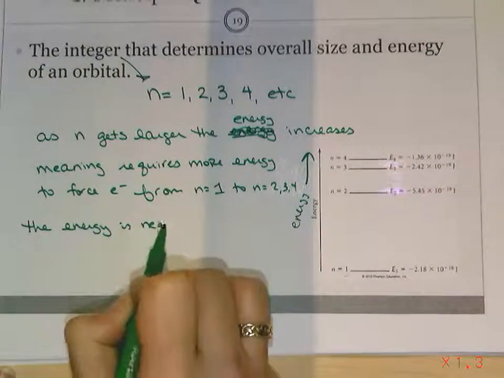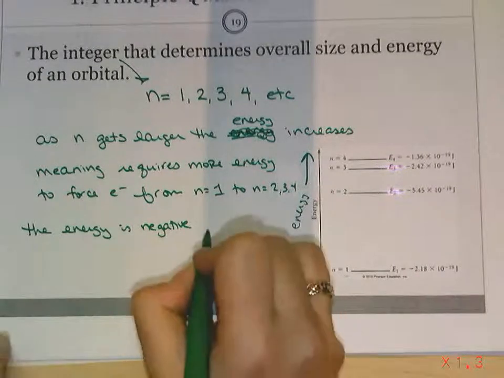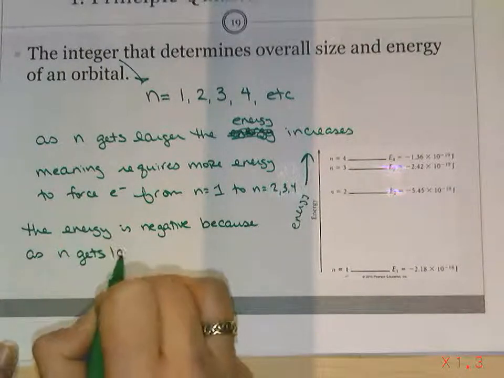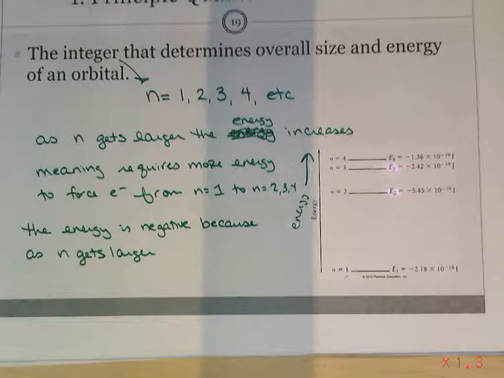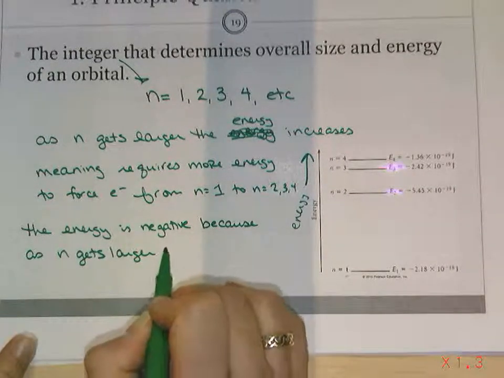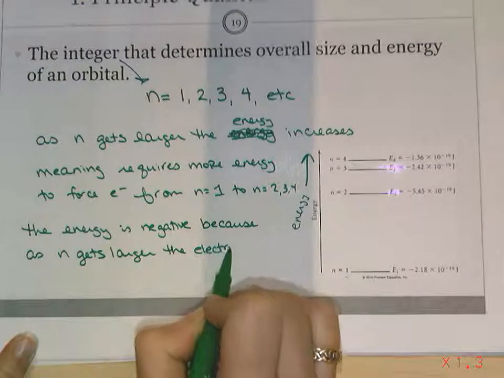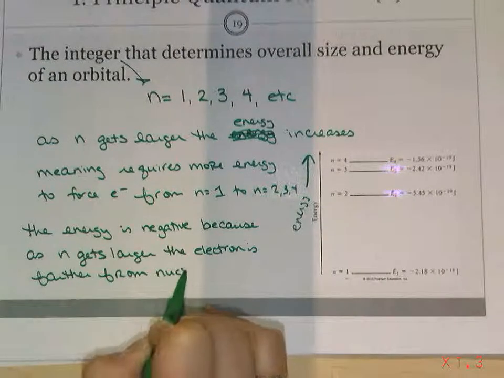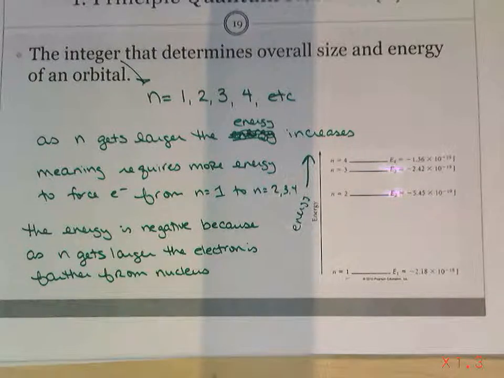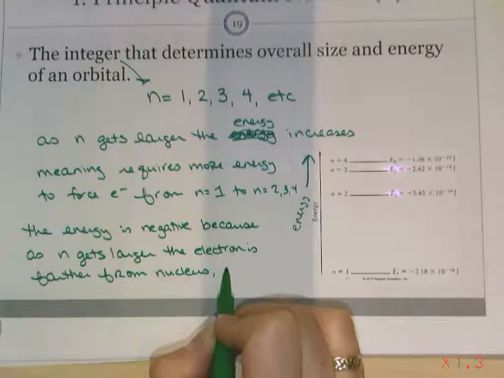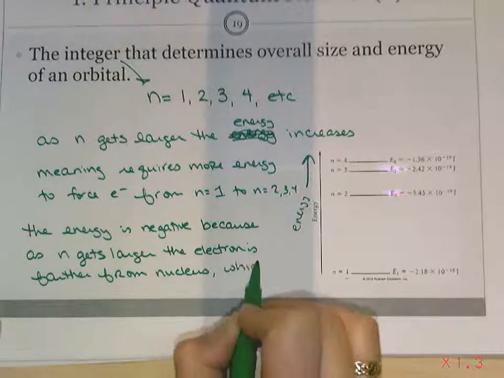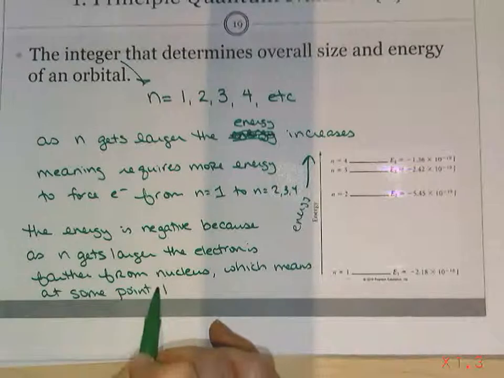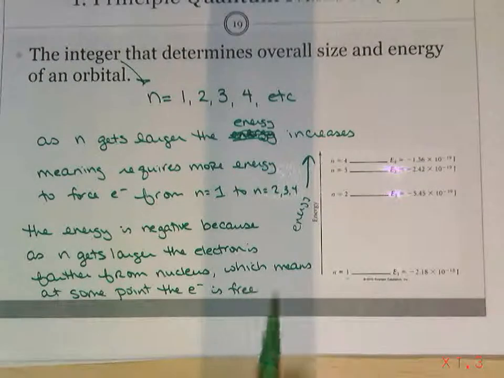So the energy is negative because as n gets larger, I'm farther away from the nucleus. Right, so as I get farther and farther away, you imagine at some point it just breaks free.